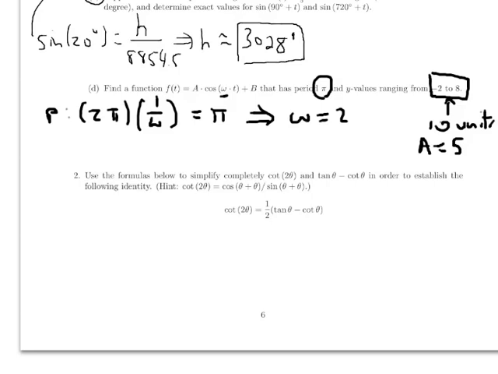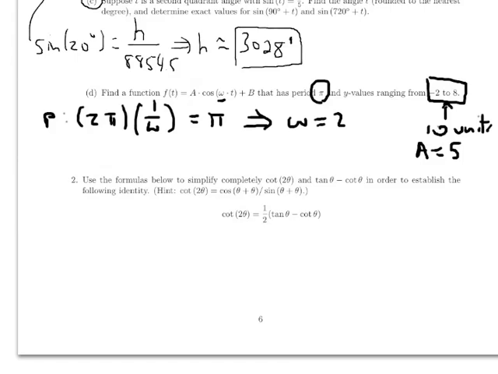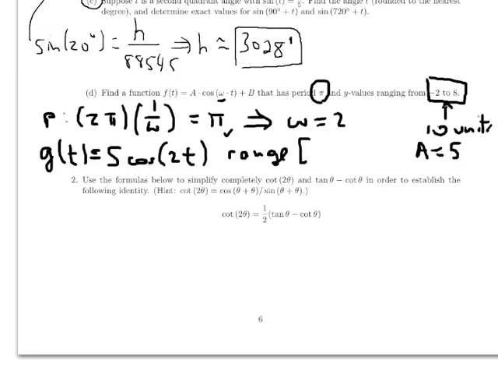So the range of this function, if I had g of t equals 5 times cosine of 2t, that has the correct period, has period pi, and it has range -5 to 5. So that range spans 10 units, but it's not the right 10 units.